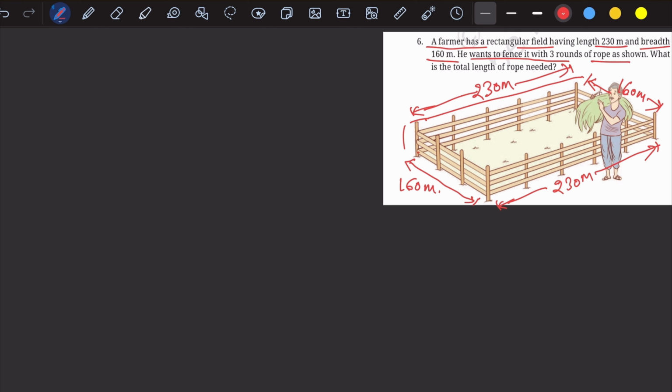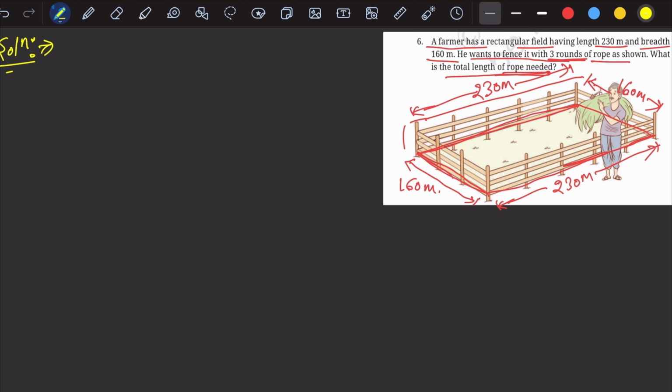One single fencing will be the perimeter of the rectangle. Now we have to do this 3 times, 3 rounds. What is the total length of the rope needed? We need to find the total length if we make 3 rounds of rope around the rectangular field. So what will be the solution?